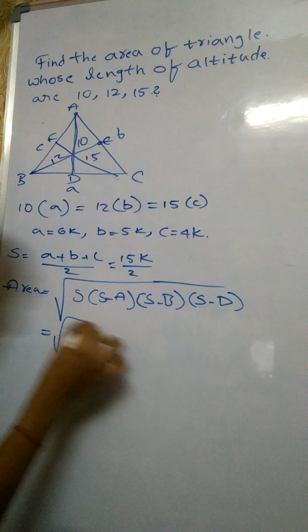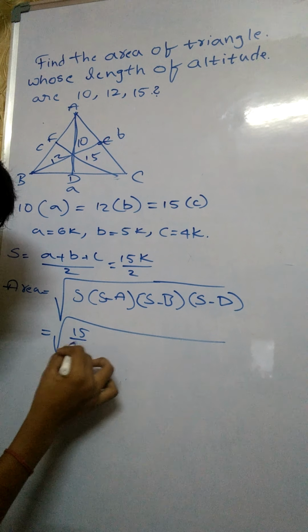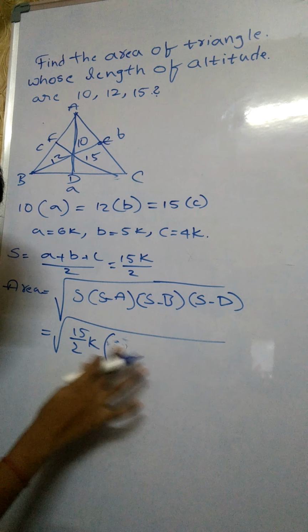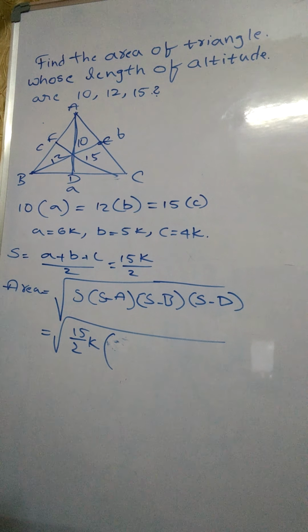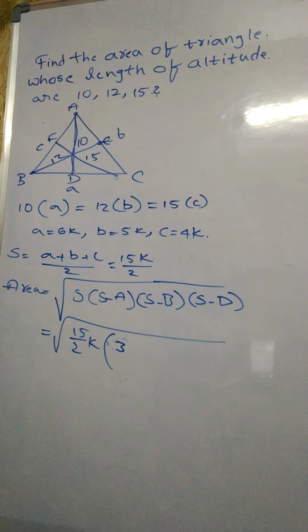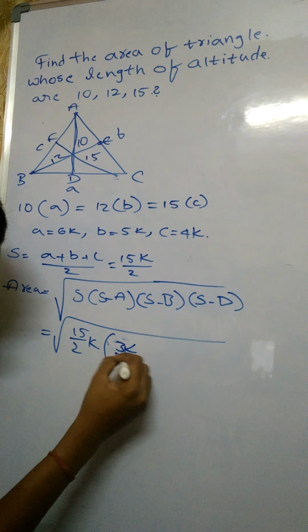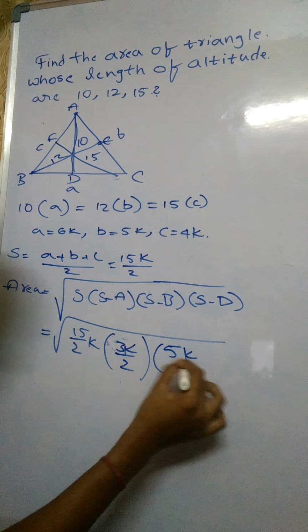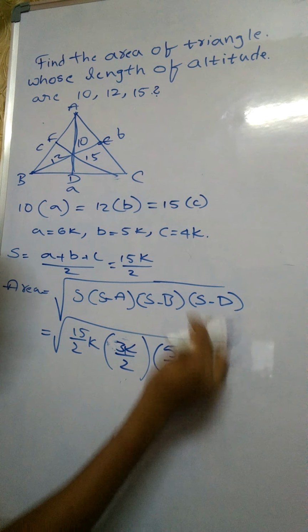That is root of 15K by 2 into (15K by 2 minus a), that is equal to 3K by 2, into (s minus b), that is equal to 5K by 2, (s minus c), that is equal to 7K by 2.